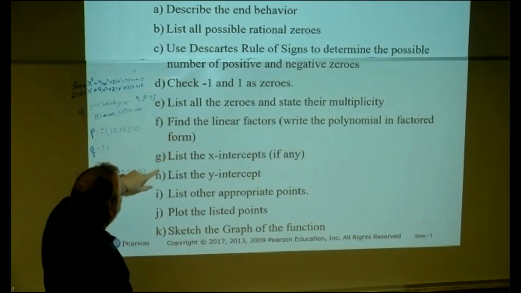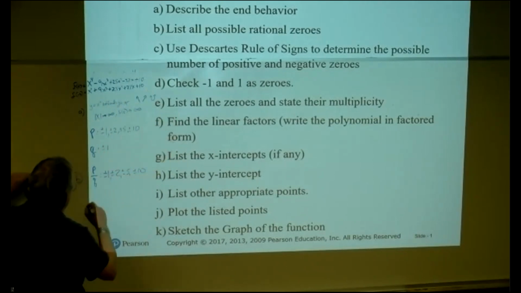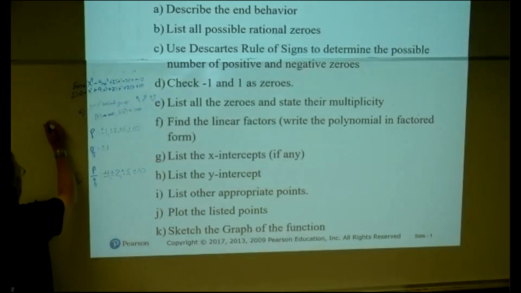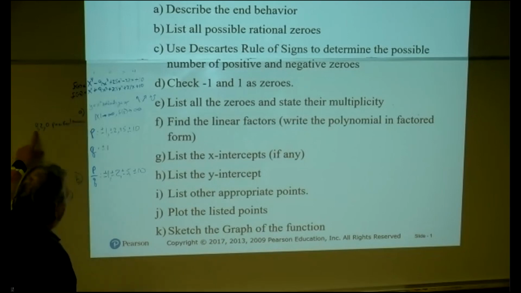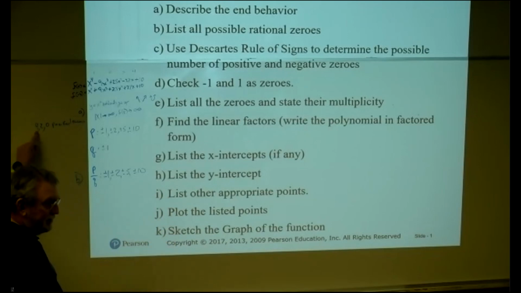So the number of zeros I can have is 4, 2, or 0 positive real zeros. Because it's either the number of sign changes or less an even integer.